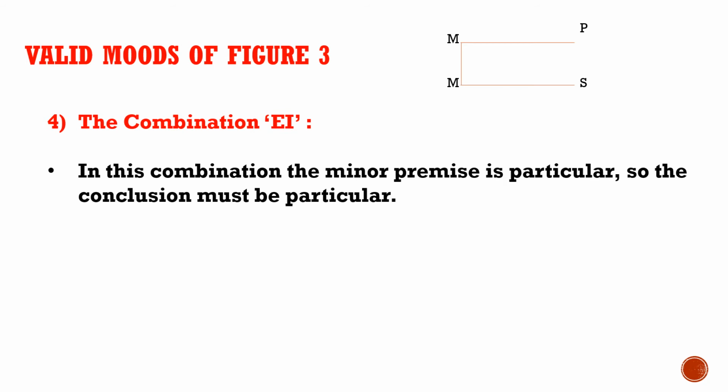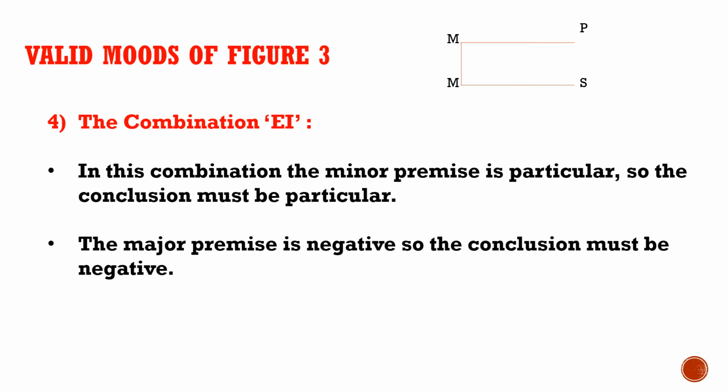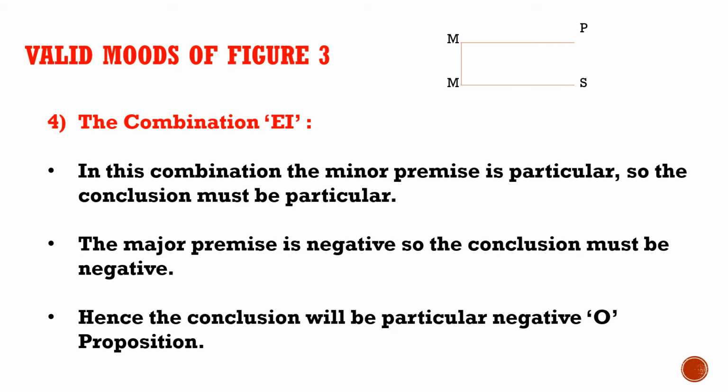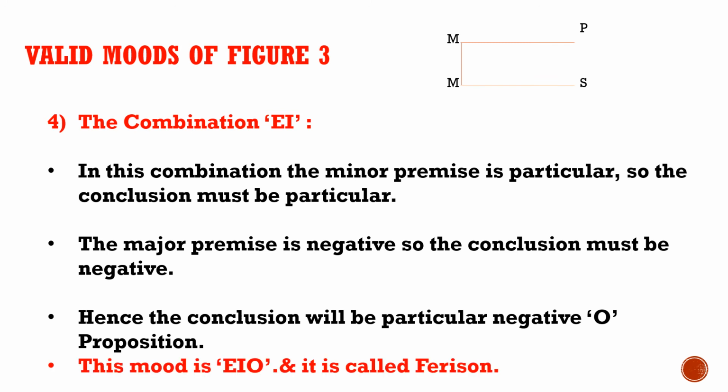Then the major premise is negative, so the conclusion must be negative. Hence, the conclusion will be a particular negative proposition. This mood is EIO and it is called Ferison.